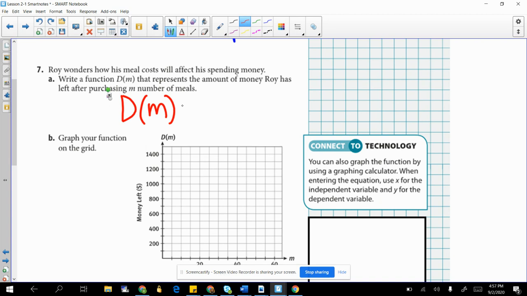D of m equals, again, we're pretending as if right now he hasn't bought any tickets. This is a completely separate problem we're thinking about now. So he still has the same amount of spending money, and we're going to subtract this time. Instead of $100, the meals on average are going to cost $40. So 1360 minus 40m. Okay.